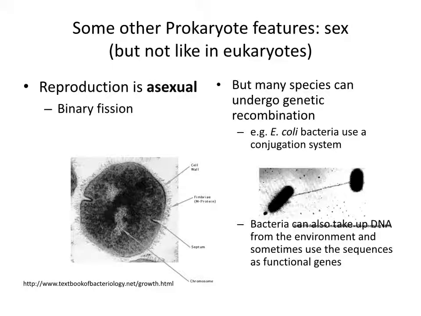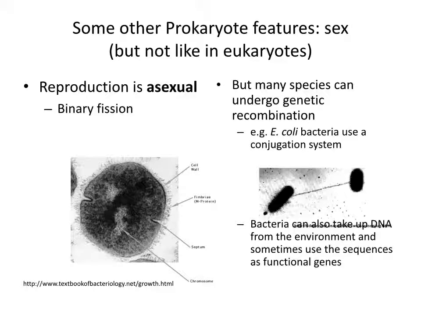Many species can undergo genetic recombination. There are well-known systems that involve plasmids. These were characterized early in microbial genetics in the middle part of the 20th century. So there's a well-known conjugation plasmid called the F plasmid in E. coli. And what you have there is an E. coli that has extended a pilus from its cell to another cell, and the ability to do that is encoded in genes in the F plasmid.